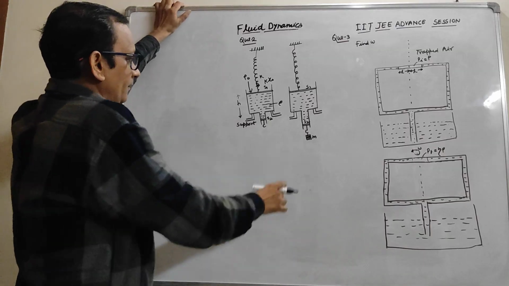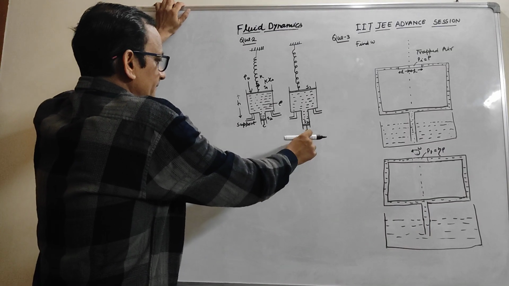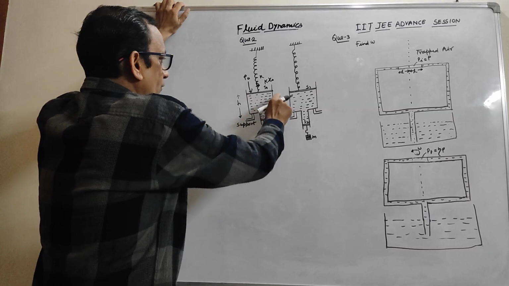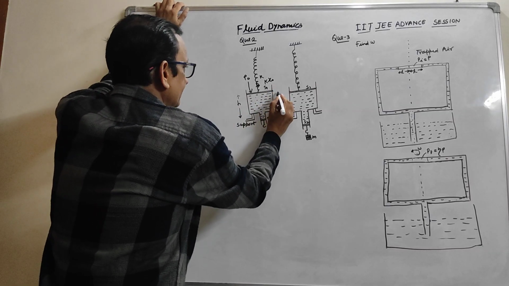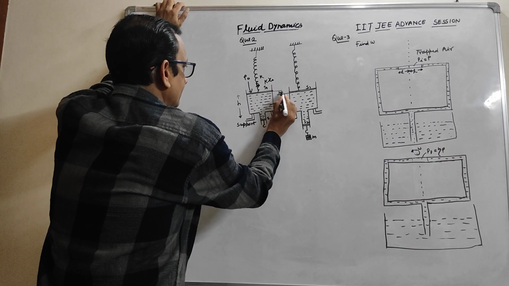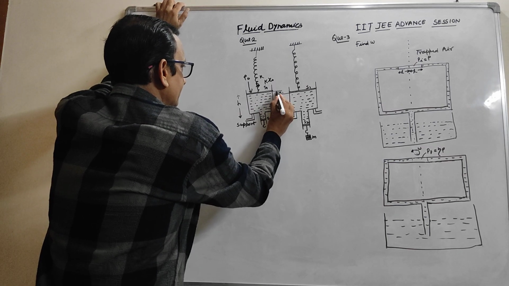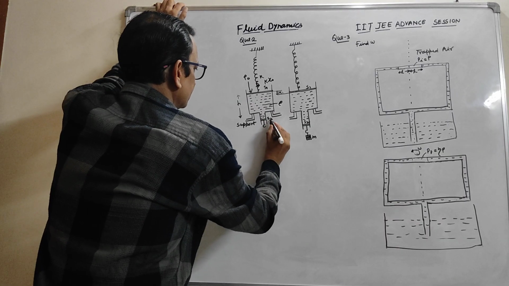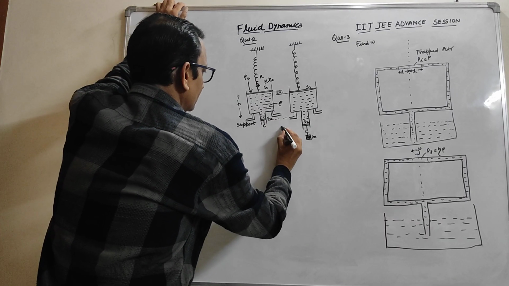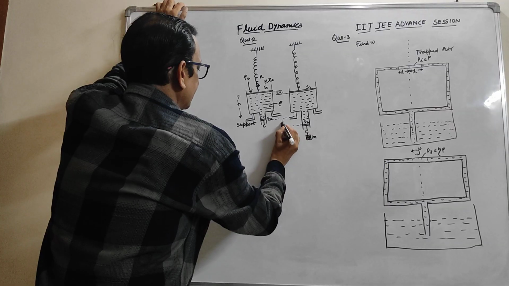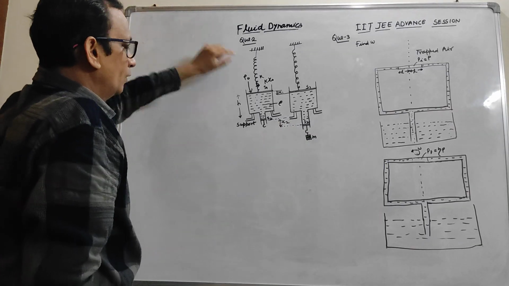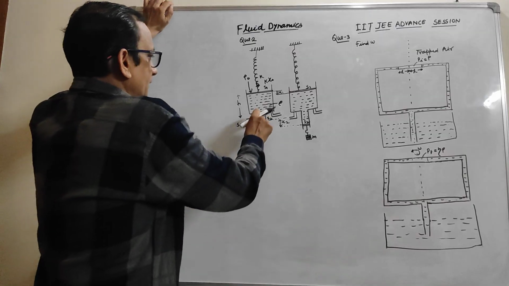Further, when we place a mass, let this spring elongate by x1, and this piston move by x2.